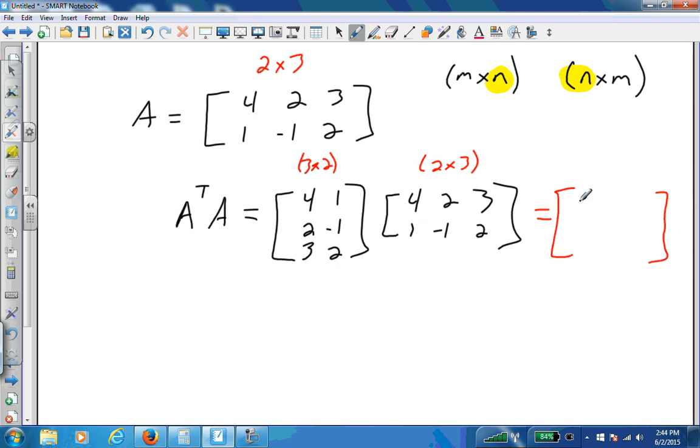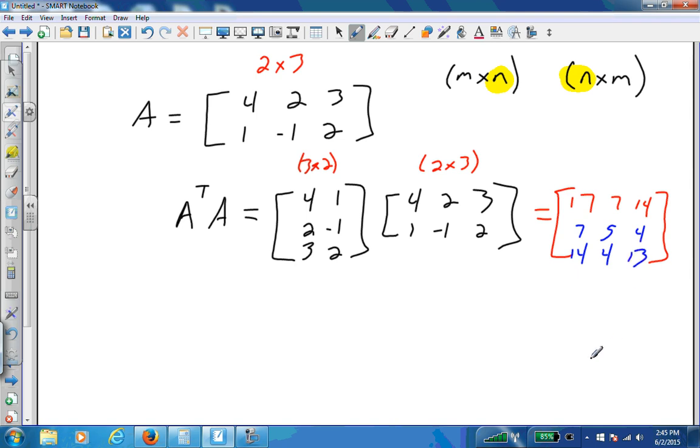So this one times this one, this one times that one, this one times the first, this one times that one, and then this one times the first, this one times the second one, this one times the last one.